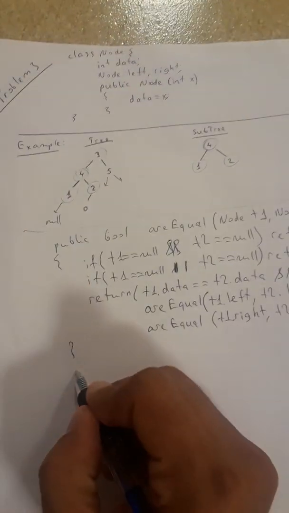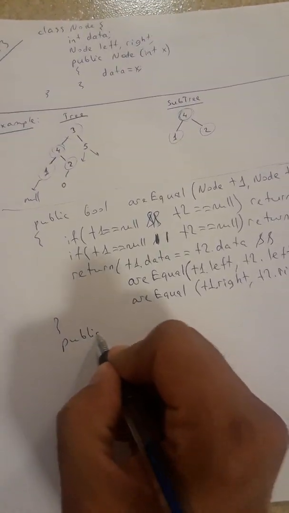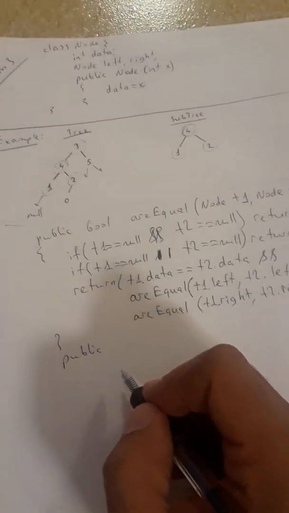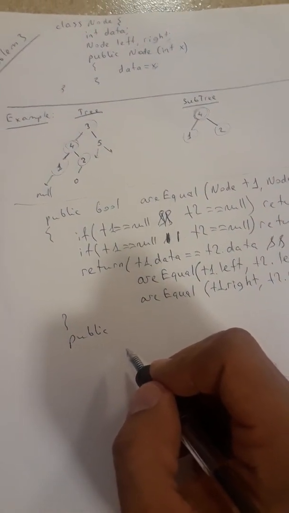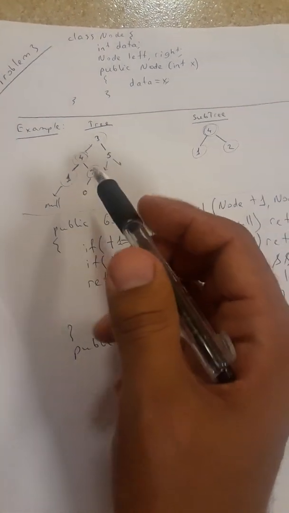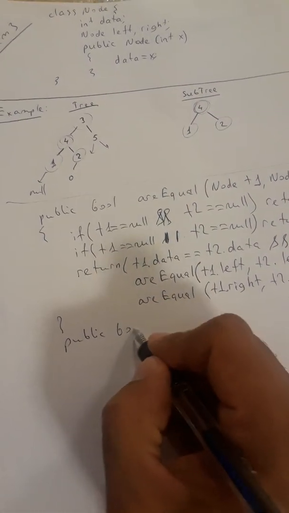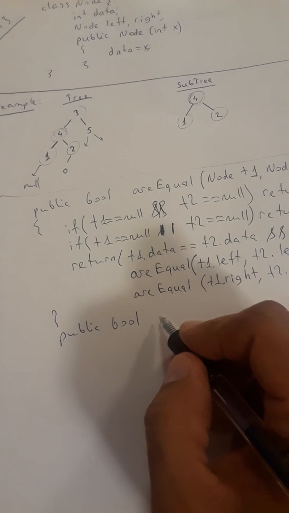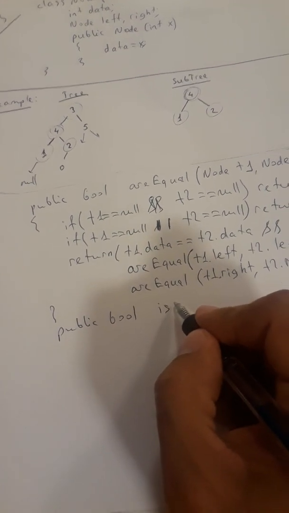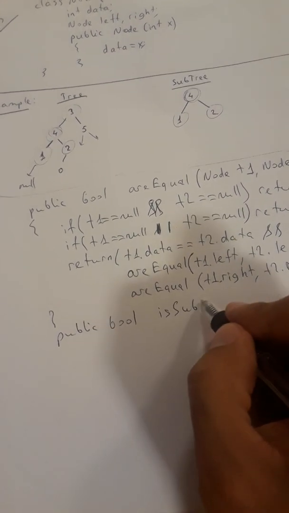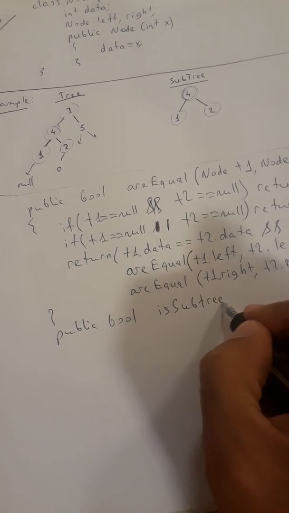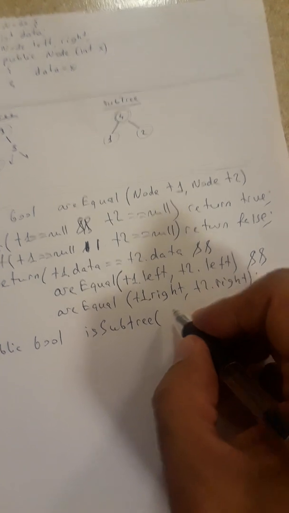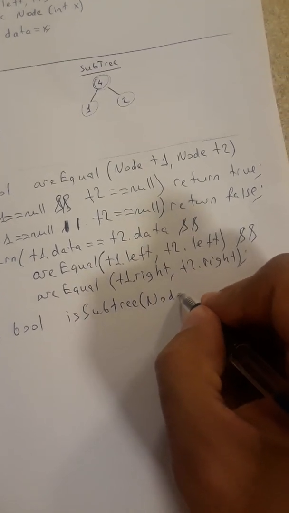And the second function will just move between the nodes of our original tree. The return will also be boolean, and I call it isSubtree.